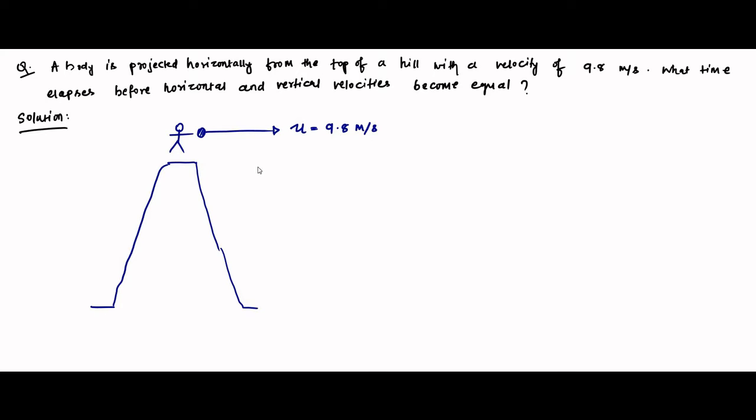So if you remember, we discussed that when we discuss horizontal projection, when there is no vertical velocity component, then we write it as ux, and here as no vertical velocity component is there, it is simply 0 meter per second, the initial vertical velocity component.